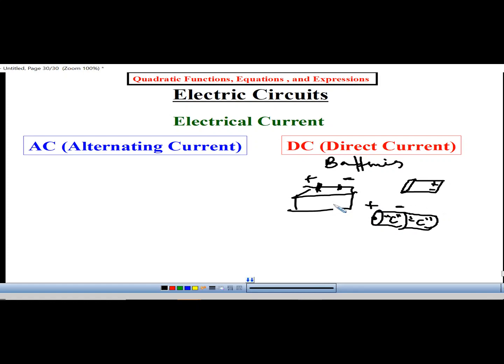What does that mean, direct current? That we cannot switch these and say, oh, I don't want this to be positive anymore, I want it to be negative. No, because if you switch them the other way around, it's going to burn whatever you're connecting to it.